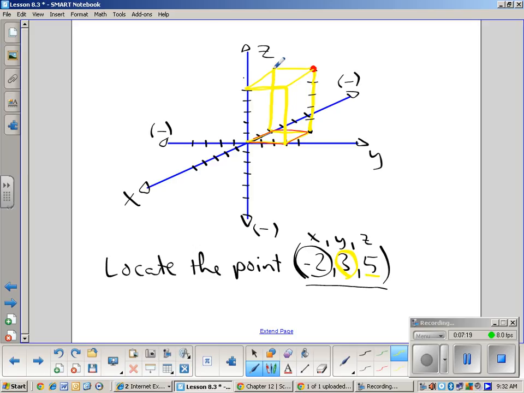That box, some people like to look at to help them draw. I don't usually do all those other lines. I usually just make my rectangle in the XY plane, and then from that corner right there, I'll go up or down depending on if this number is positive or negative.